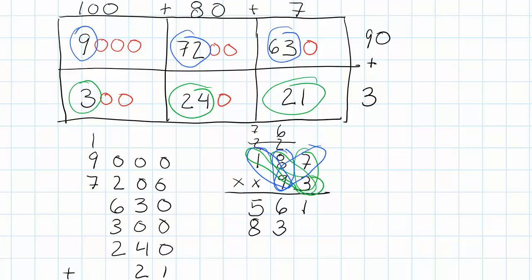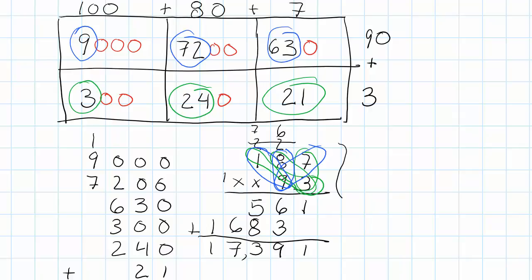Add in the 7, that's 16. Add these together: 1, 9, 13, 7, 1. 17,391. Now, probably you've seen this method before.